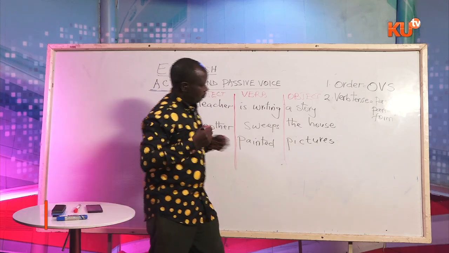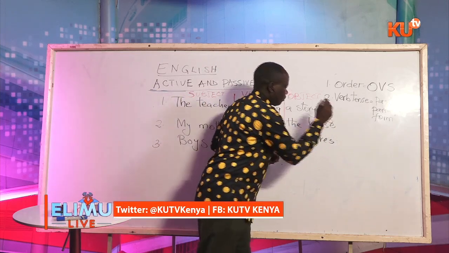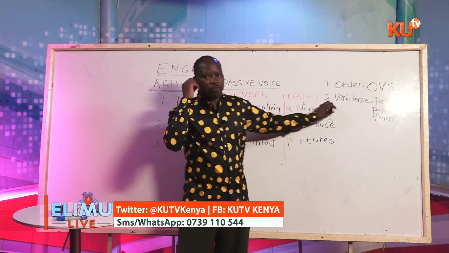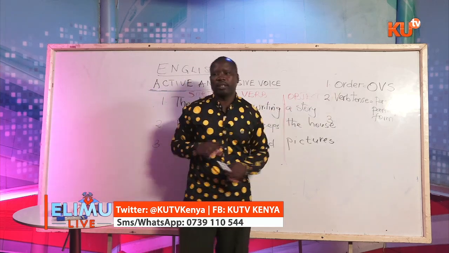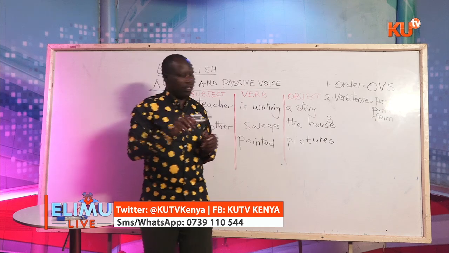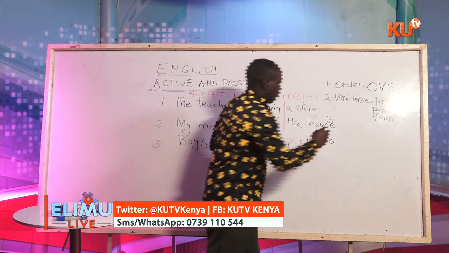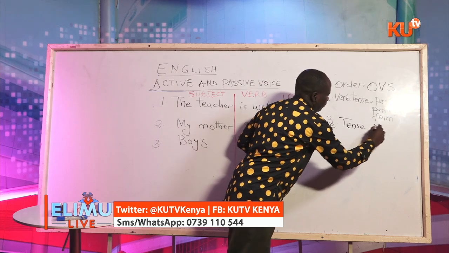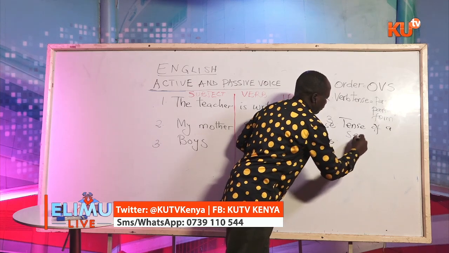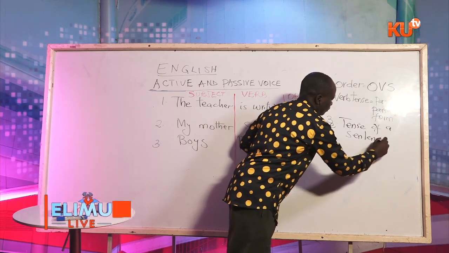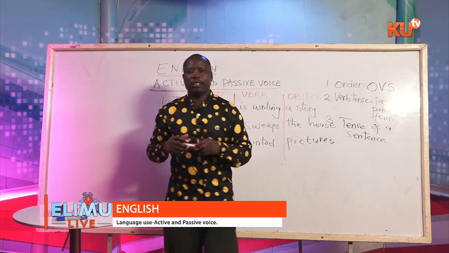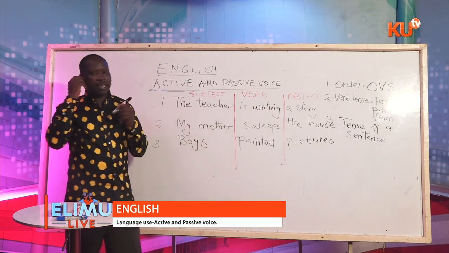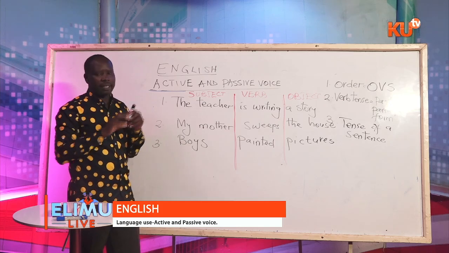Then the last but not least of the rules, remember I've said there are three rules, is the tense of the sentence. You have to consider in which tense our sentence is written.